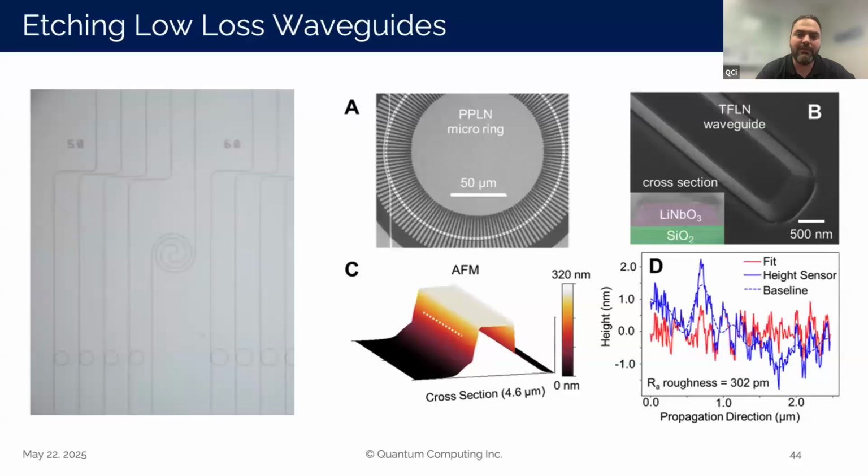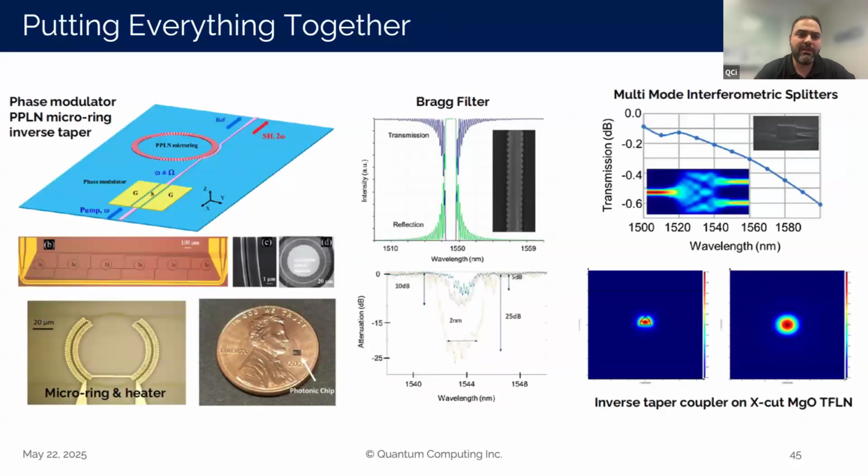Its services are available. We have also previously demonstrated the capability to put multiple optical components on a photonic integrated circuit. For instance, what you see here on the top left is a PIC circuit with a phase modulator, PPLN microring, and inverse taper. And you can see some images of it on the bottom left as well.